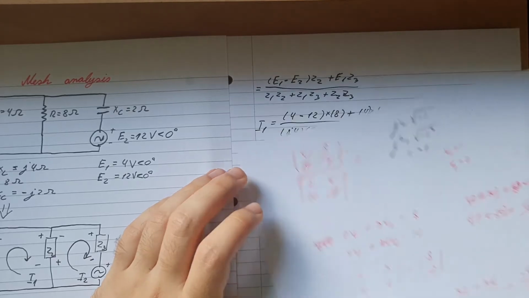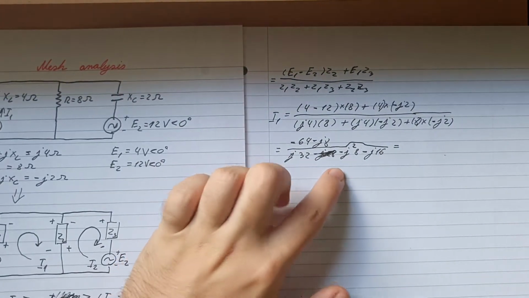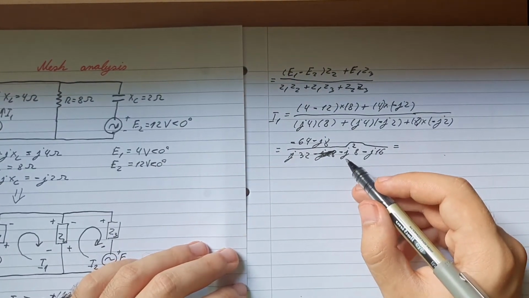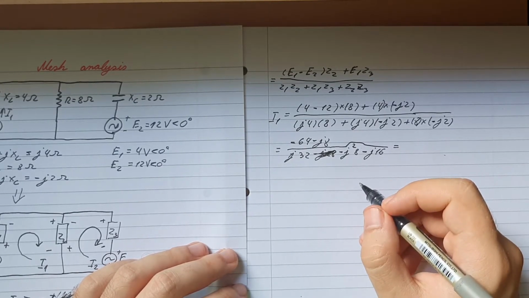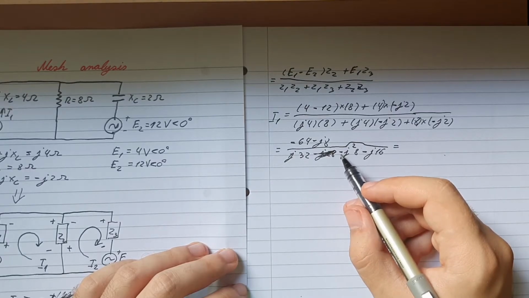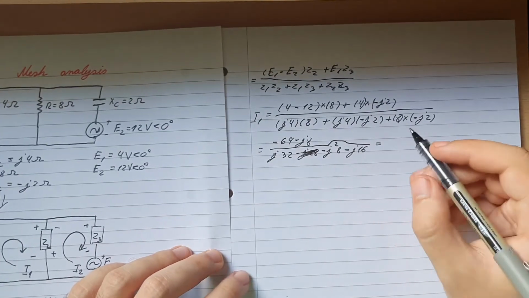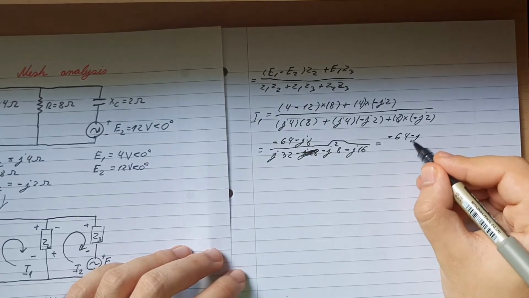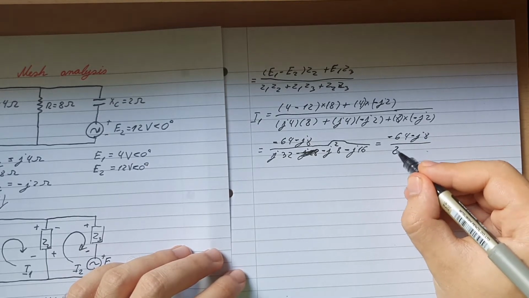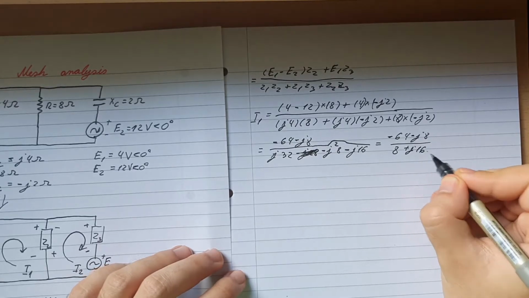That's why when you have j squared times minus 8, we just do minus 1 multiplied by minus 8, because the minus and minus from the previous one make it a plus, so that makes it 8. So the calculation for this is 64 minus j8 over 8 plus j16.